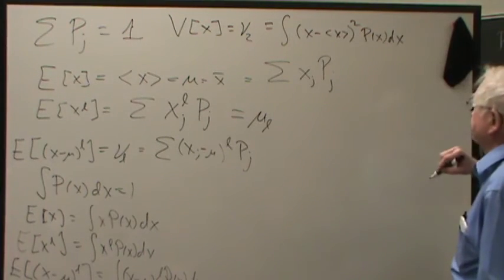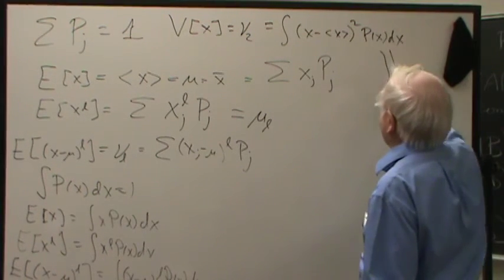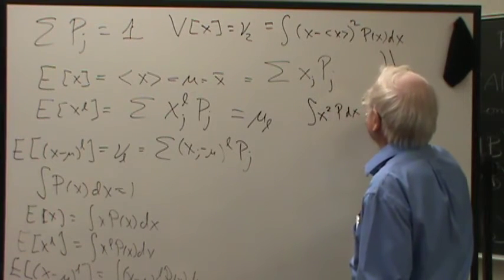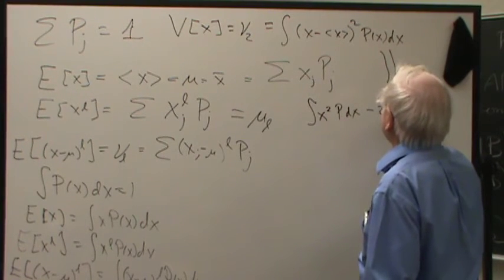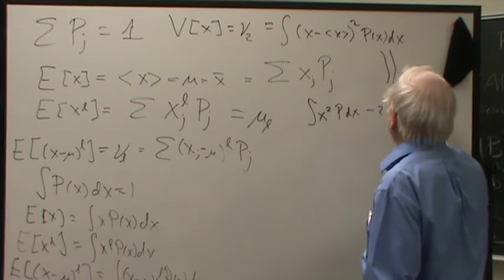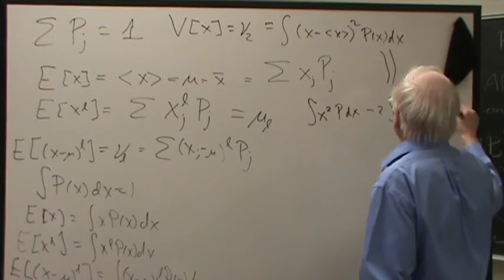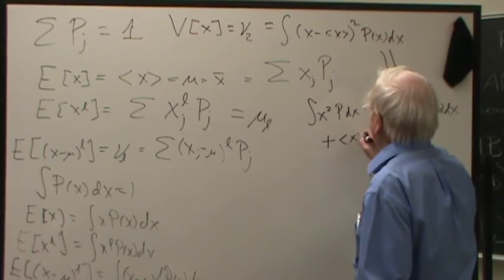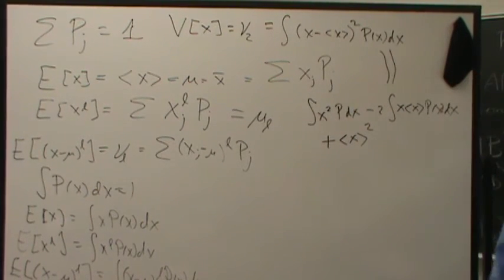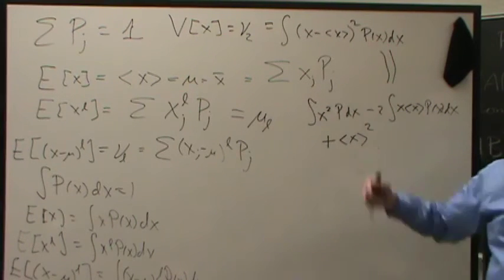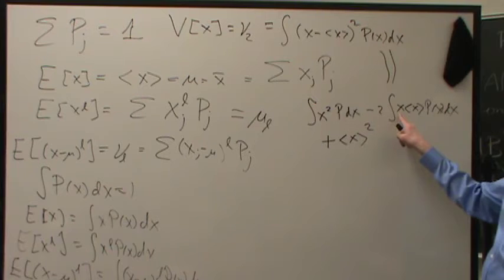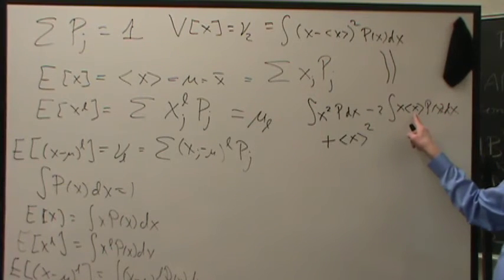It always turns out that this is equal to the integral of x squared p dx, minus 2 times the integral of x p of x dx, plus the mean of x squared times the integral, but that integral is 1. Now, the integral of x p of x dx is just the mean value of x again.